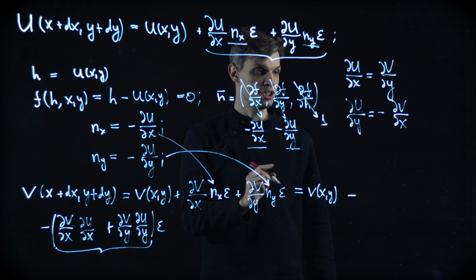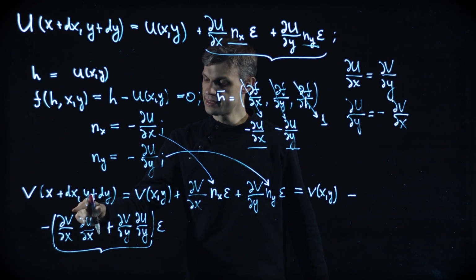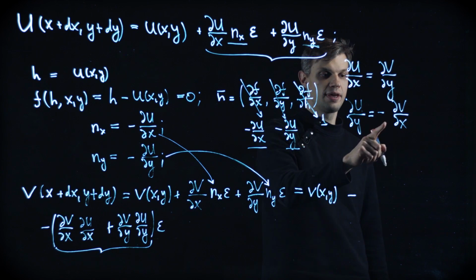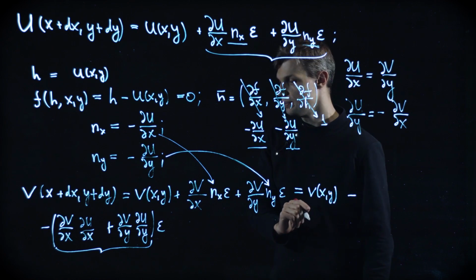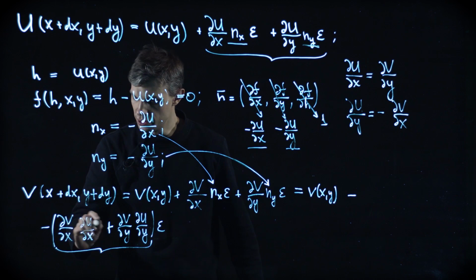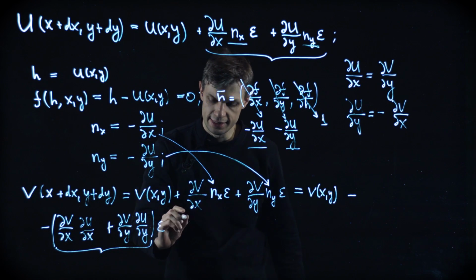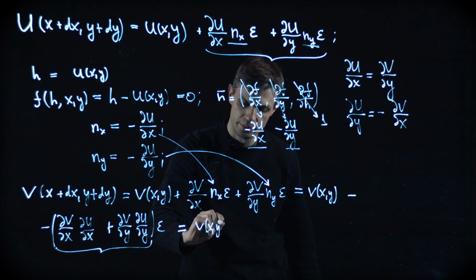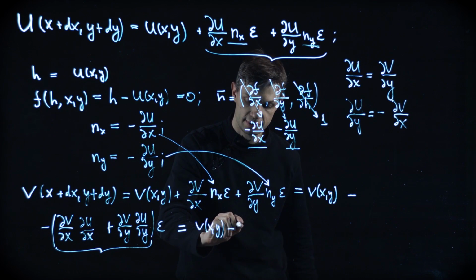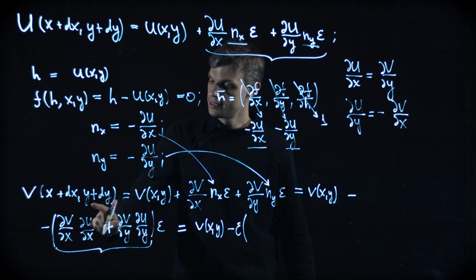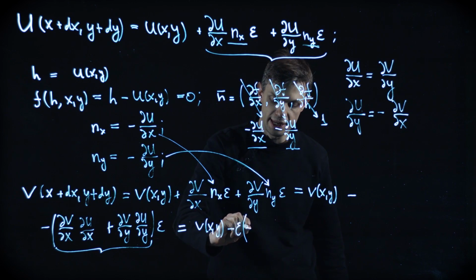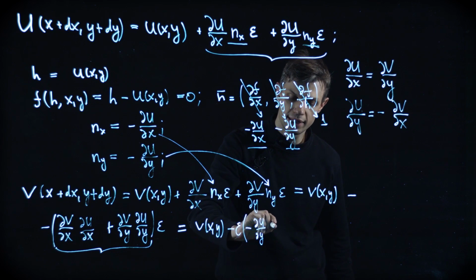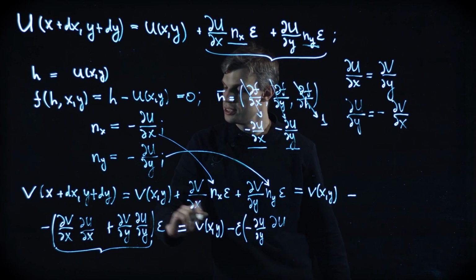Right, and let's actually change, for example, this dv over dx can be substituted with minus du over dy. Why not? Right, so let's actually write it down. So v of x and y minus epsilon, and here we go. So dv over dx is minus du over dy, and here we go minus, and just, sorry, without minus, du over dx.